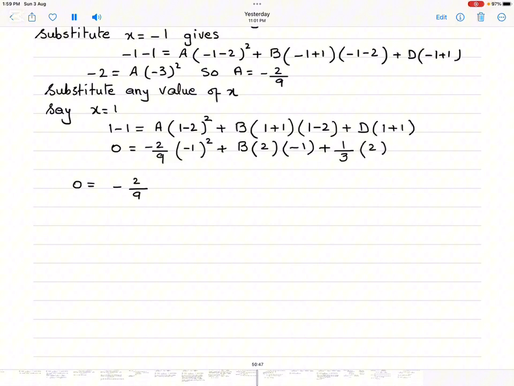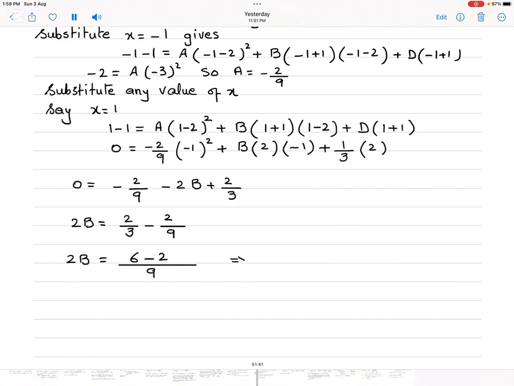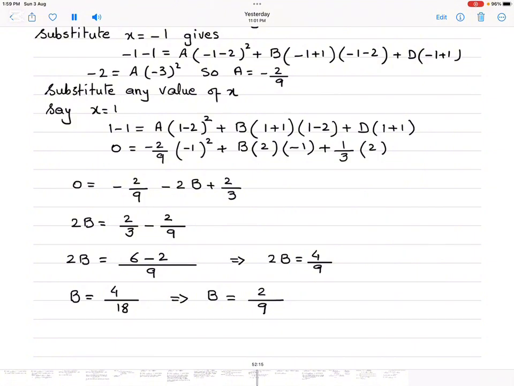So 0 = −2/9 − 2B + 2/3. From here, isolate B and you will get the value of B, which is 2/9.